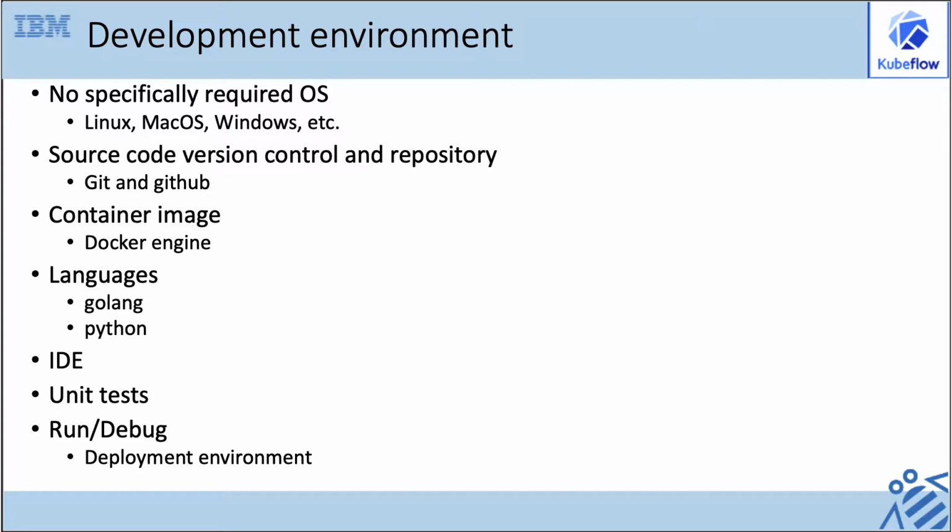For example, the Kubeflow control plane mostly uses the Golang language, while the SDK for the pipelines project is written more in Python. So it depends on the project, and whether you are already familiar with the language or want to learn a new one.